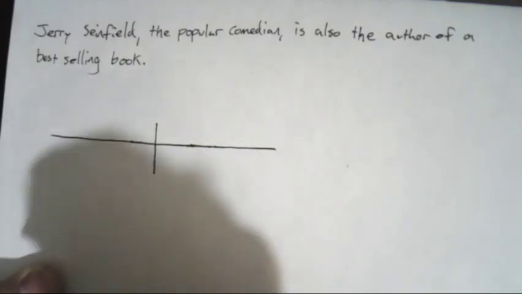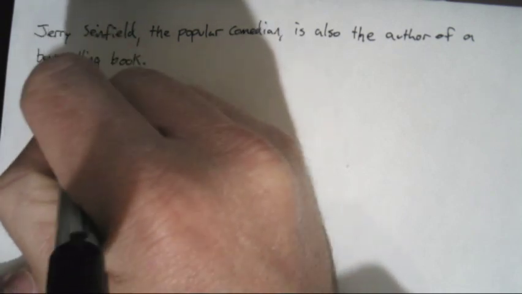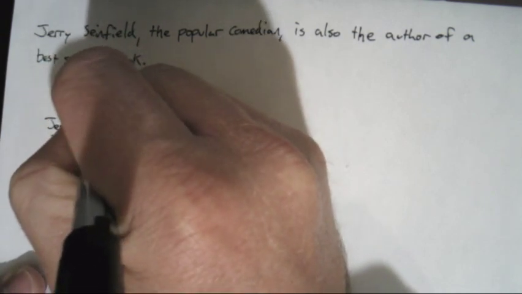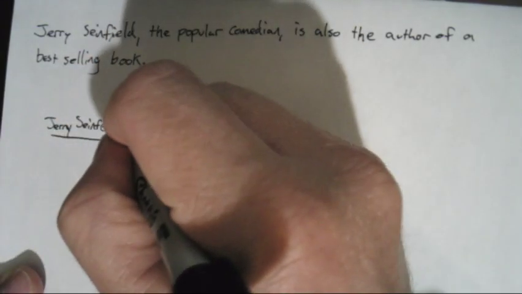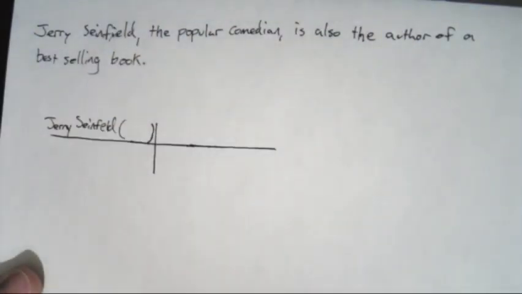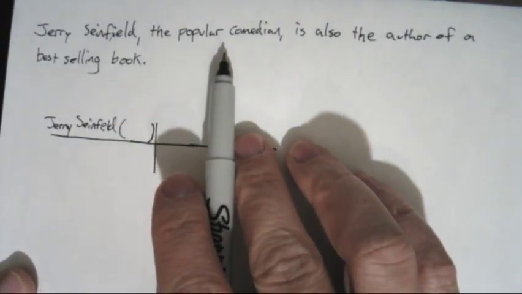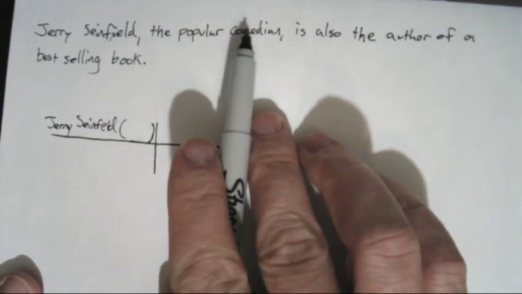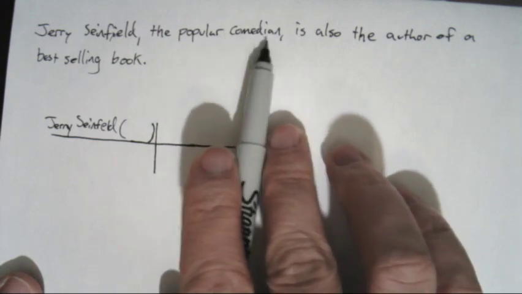Okay, so first, subject is Jerry Seinfeld. Did I spell it right? No, it doesn't have an I right here. Jerry Seinfeld. The appositive, while we have three words in that appositive phrase, two of them are modifiers, right? The, it's modifying comedian. Popular, it's modifying comedian. So the word that's being modified, that's the base word.